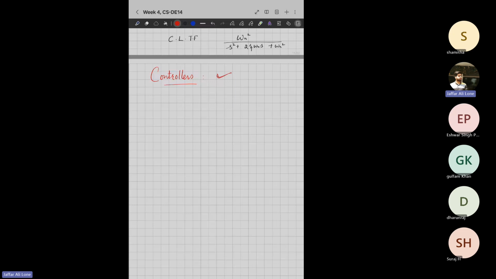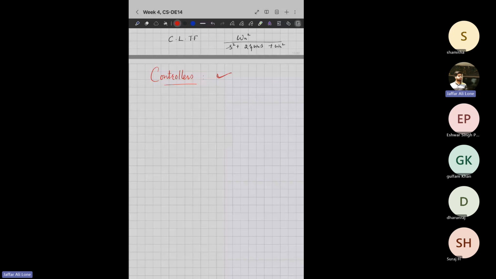When we see frequency response analysis, then we will see some other parameters, bandwidth, resonant peak. Again we will have compensators, then we will design compensators. So when you have questions from these controllers or compensators, you basically have questions like this.